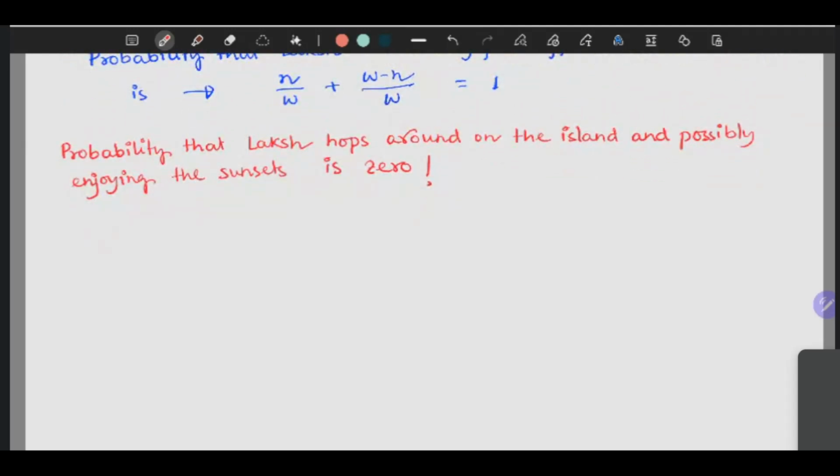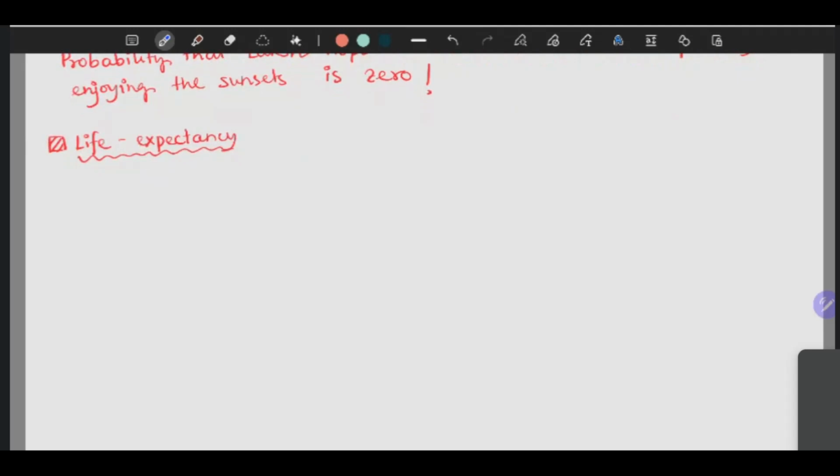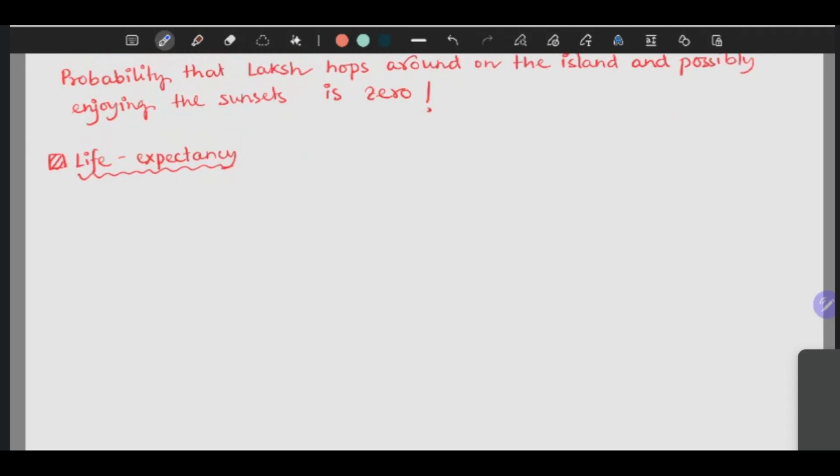So let's say, what is the life expectancy of Lux? It may happen that eventually he will fall off, but there will be some time before falling off that he will hop around, right?